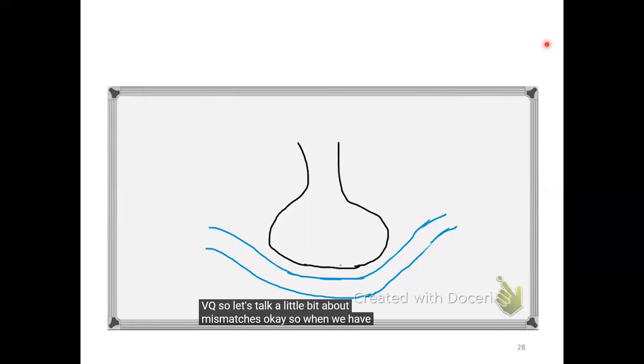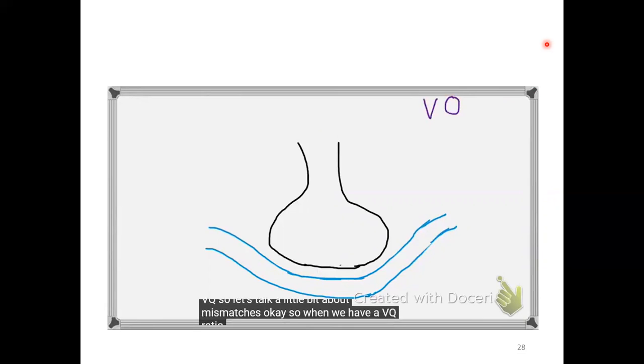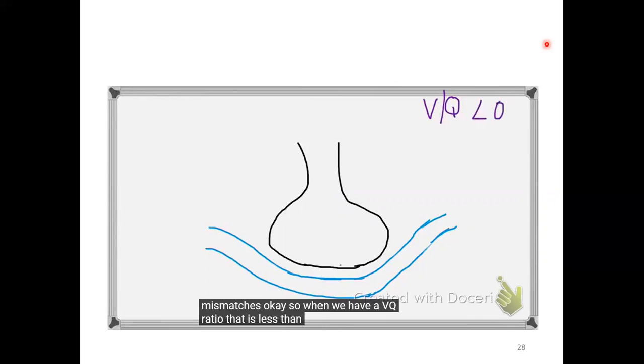Okay, so when we have a VQ ratio that is less than 0.8, let's put a little clot here. This is a little clog, maybe a little clog of mucus, could be a bronchoconstriction. But what we see is that our alveoli don't get well ventilated. However, we still have good perfusion.